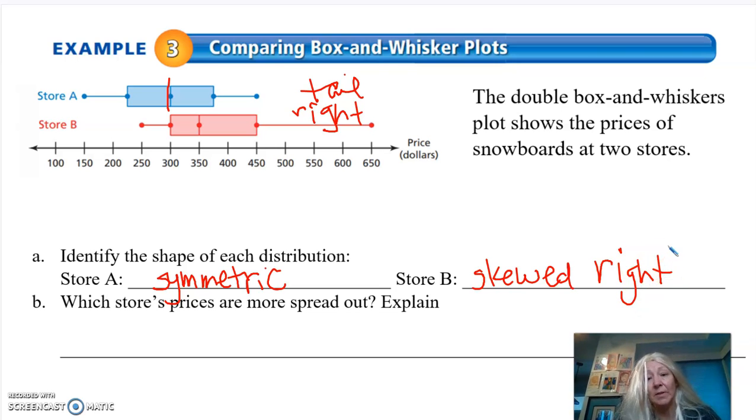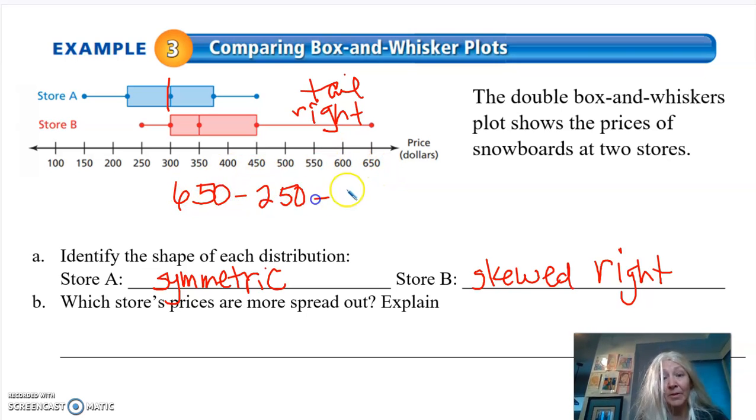Then which store prices are more spread out? Well, you can see that store B spans, if I look at the range, $250 to $650. So the range for store B is very large. It's $400. That's the difference. For store A, it's only $300. So I can compare a few things, and one of them is the range.